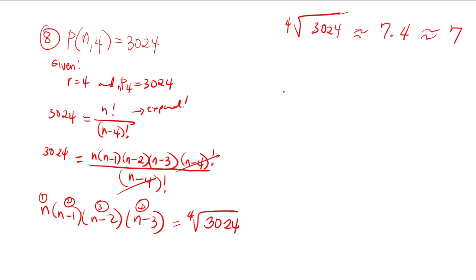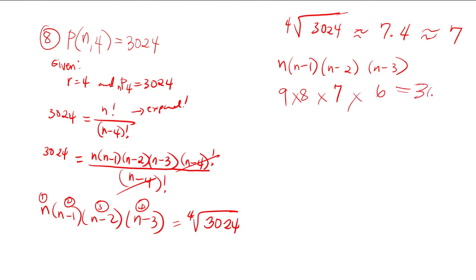Okay? Now next, ito na yung tricky part natin. Since apat yan, try natin muna dito, position natin yung 7 doon. 7, so dito 8, tapos ito 9. Tapos ito 6. So multiply. Try natin. 9 times 8 times 7 times 6 is equal to 3,024.